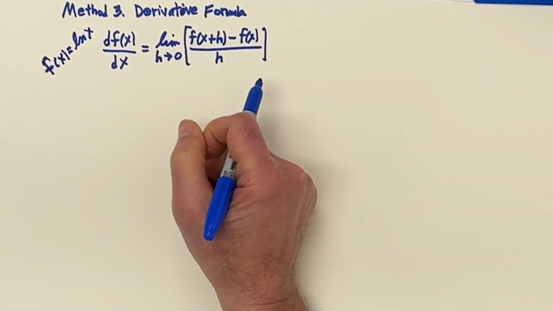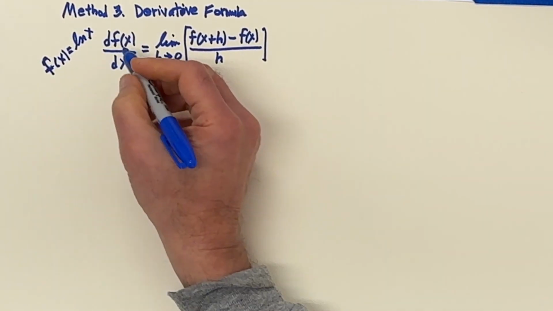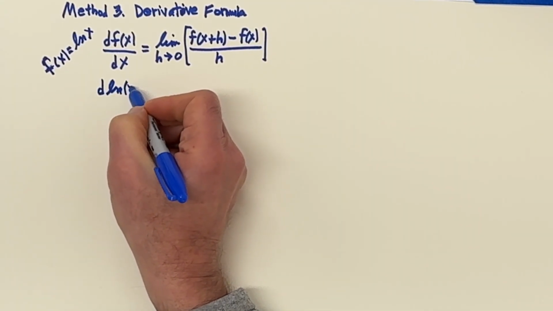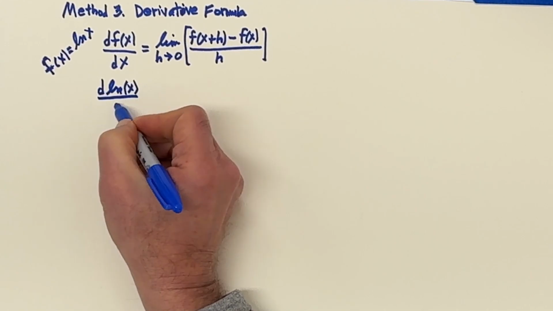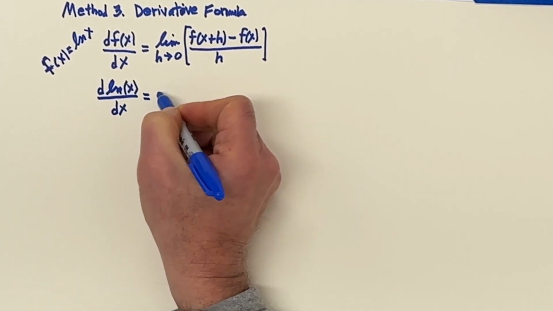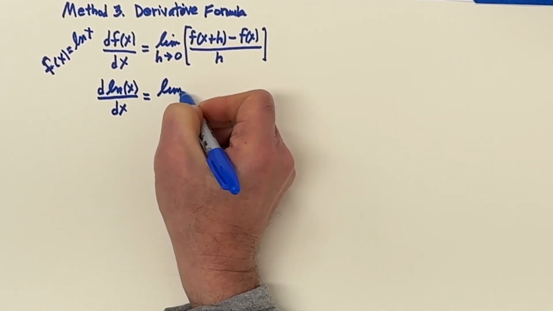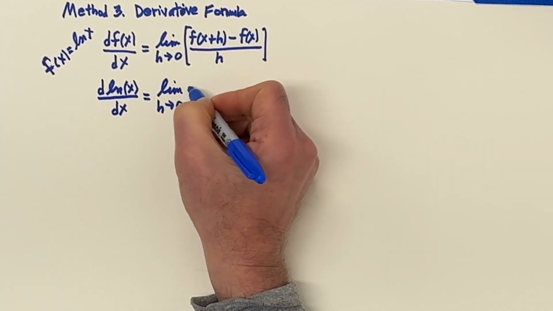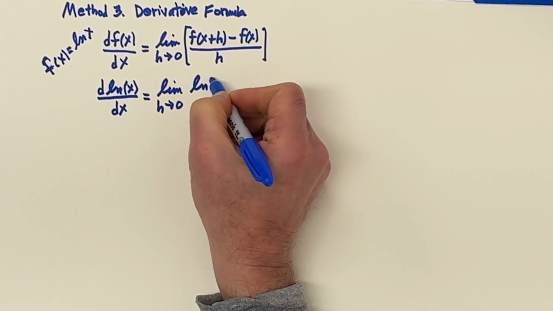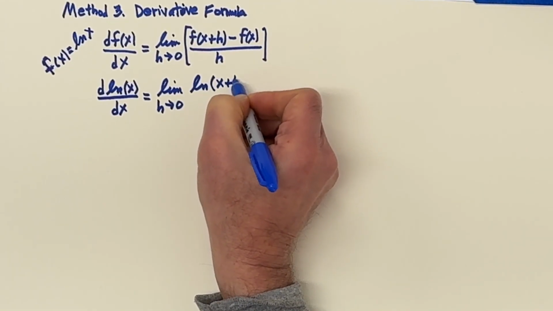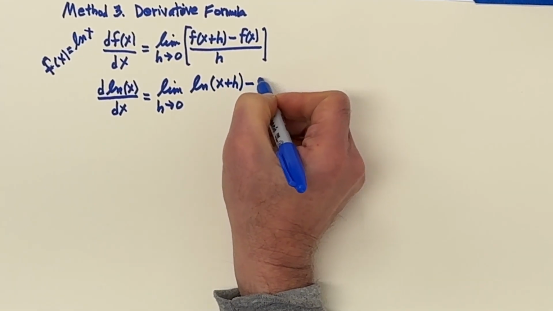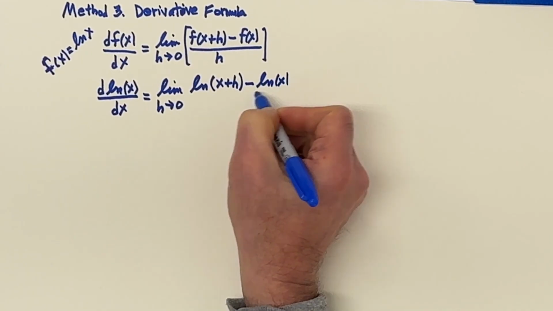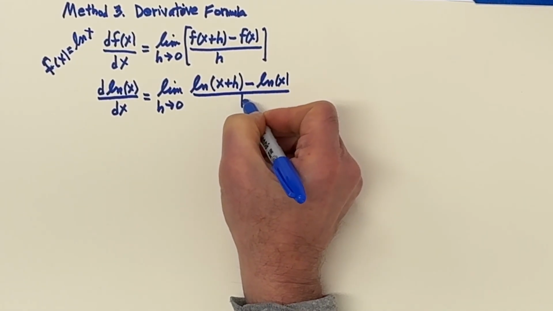All right, so let's do that. The derivative of the natural log, and I'll put the x in parentheses here, dx is equal to the limit as h goes to 0 of the function natural log at x plus h, and then subtract the natural log at x divided by h.